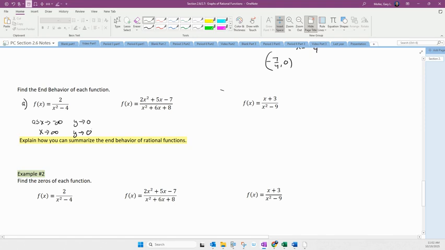On this one, as x goes to negative infinity, let's do the left side first. Y is going to go somewhere. And as x goes to positive infinity, y is going to go somewhere.